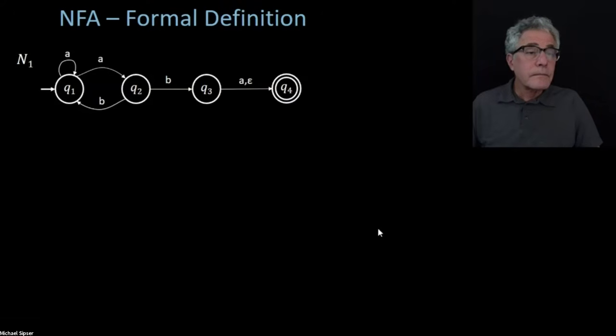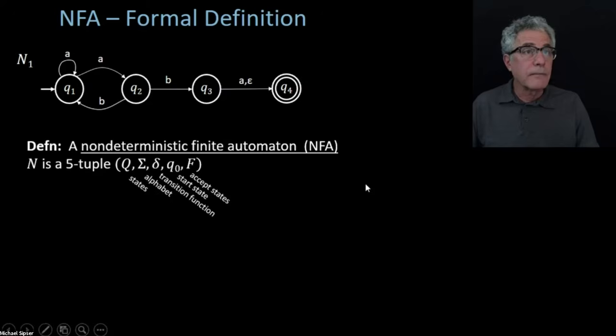Now, just as we did last time, we can formally define a non-deterministic finite automaton. Here's the picture again. It looks a lot like the case we had before, the deterministic finite automata, or DFA, as we'll call them.